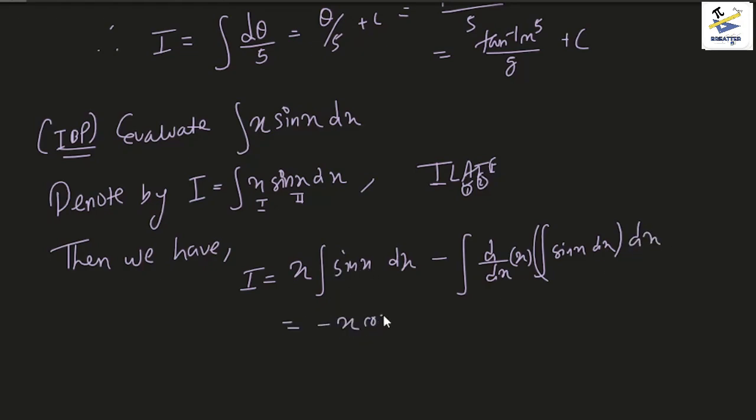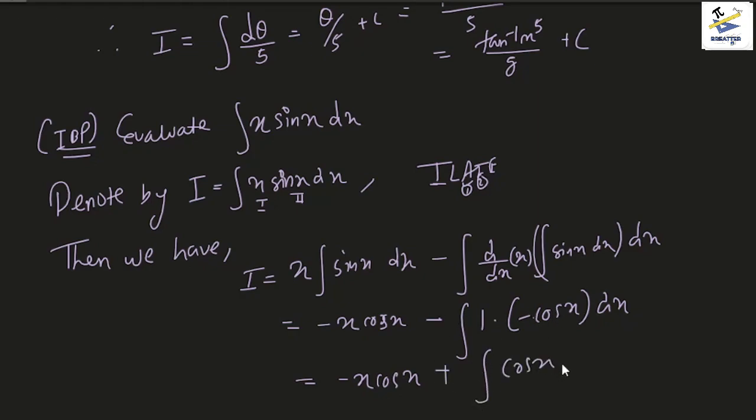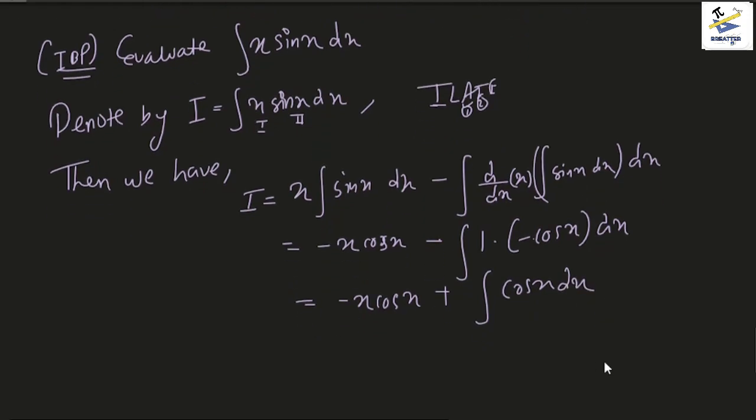Now integral of sin x is minus cos x, so this is minus x cos x, minus d dx of x is just 1, and integral of sin x is again minus cos x, right? Then it simplifies considerably into minus x cos x, and this minus makes it a plus, and 1 into cos x is cos x dx, and you do know the integral of cos x dx is just sin x, right? So the answer is minus x cos x plus sin x plus c.